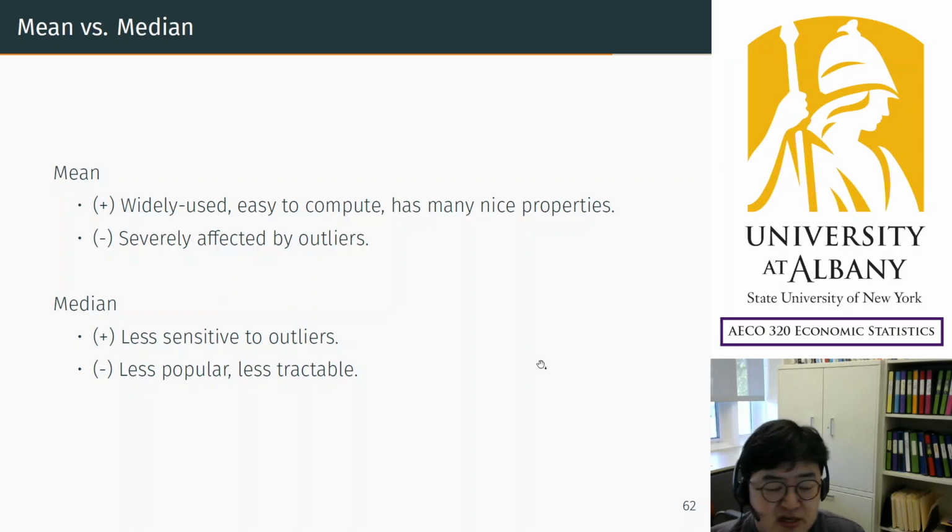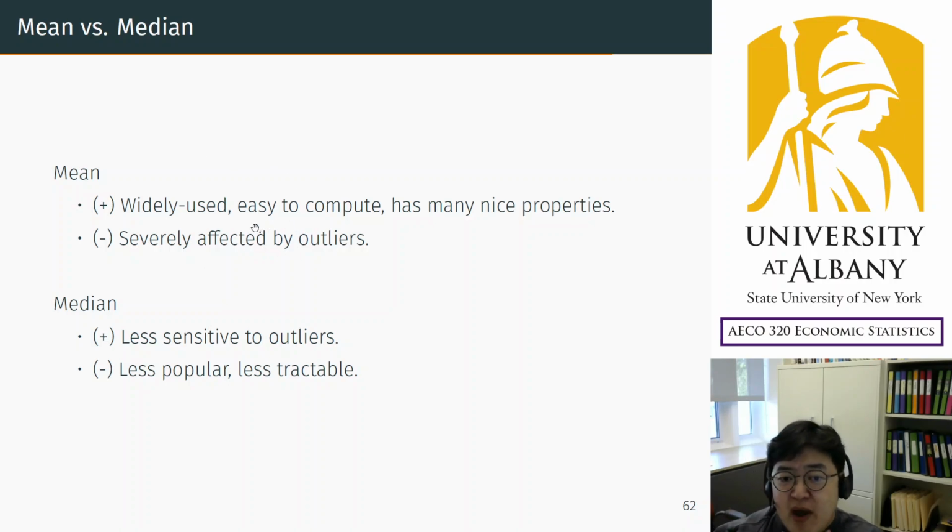So the reason why I introduced the median is because it can complement the mean in the sense that it is not that sensitive to outliers. Definitely I'm still saying the mean is the first choice almost anywhere, but I'm telling you that you have to be careful about potential outliers.